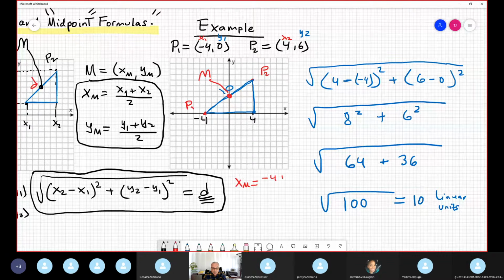So minus 4 plus 4 divided by 2 is obviously 0. And y midpoint, sorry, is the same idea, but on the y component is 6 plus 0 divided by 2 is 3. Therefore, the conclusion is the midpoint is located at the position 0,3, which is exactly what we predicted here, 0,3.